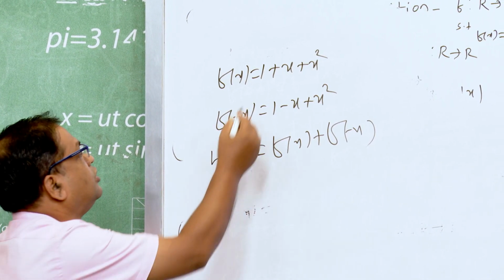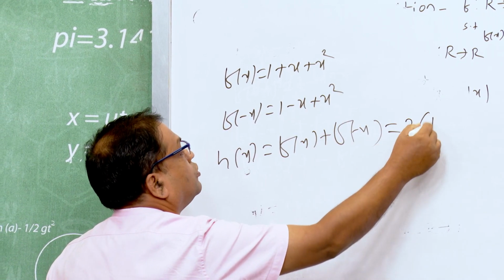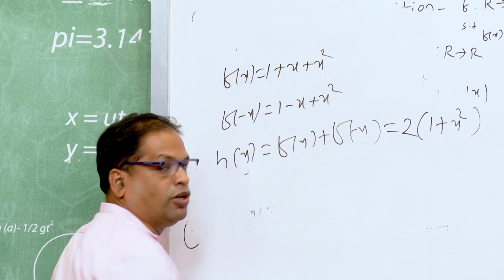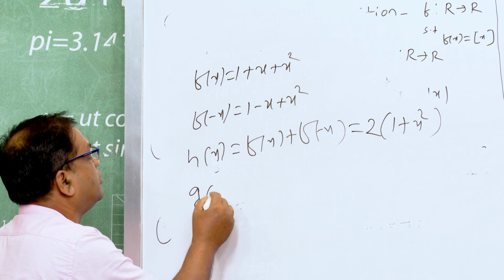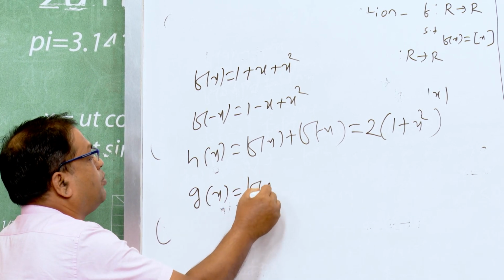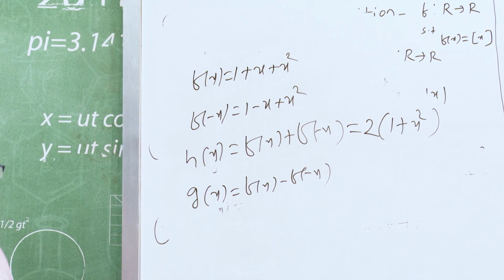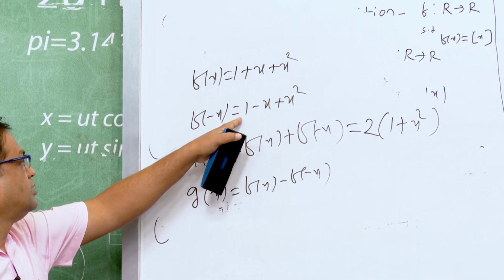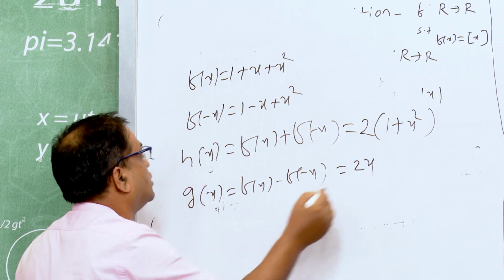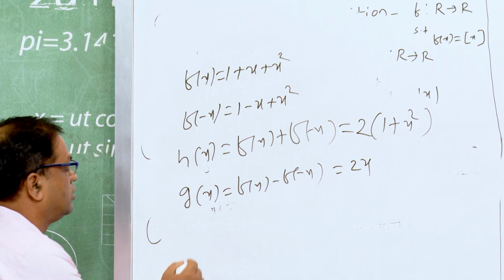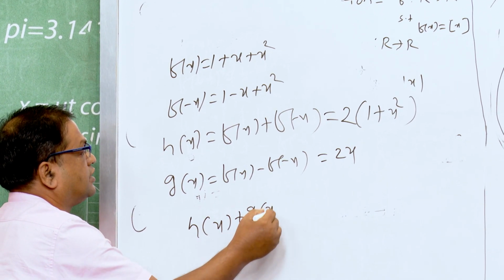If you add this, then x will cancel out, it will be 2 into 1 plus x square. Now g(x), f(x) minus f of minus x, and then 1 is cancelled out, x square is cancelled out, it is 2x.